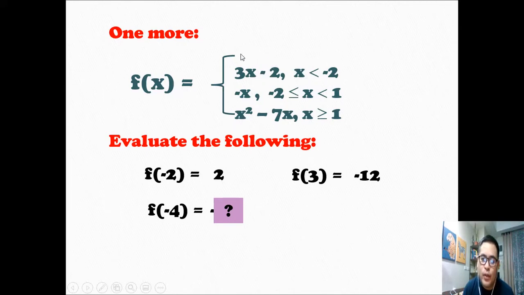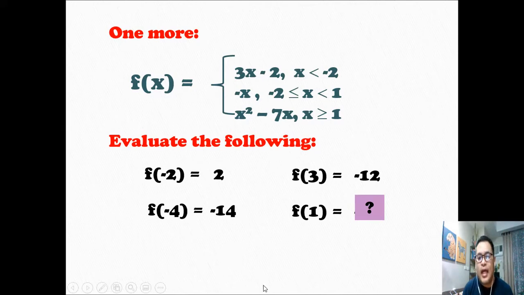So therefore, we're going to substitute it here. So 3x minus 2. So negative 4 times 3 is negative 12 minus 2. Negative 12 minus 2 is equal to negative. Okay, let's check if it's negative 14. The correct answer is negative 14.